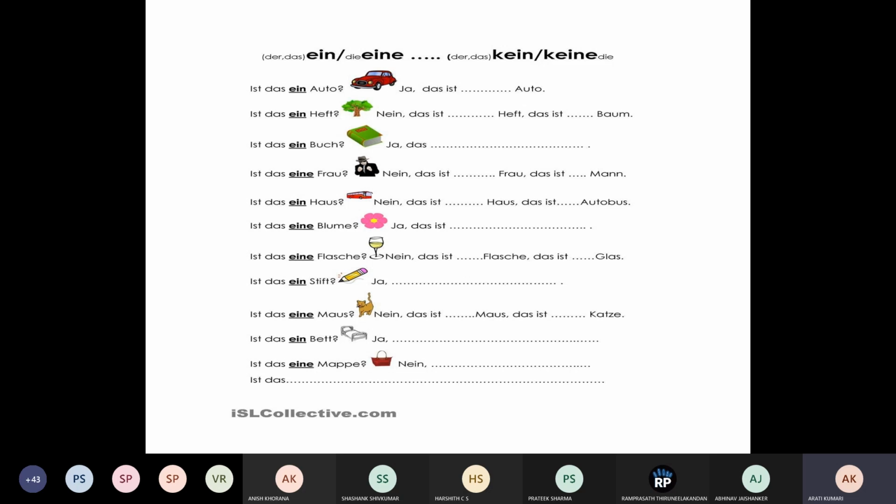I give you one more. Hausnummer. You see, das Haus plus die Nummer ist die Hausnummer. The article of Nummer is the article of the compound word Hausnummer.